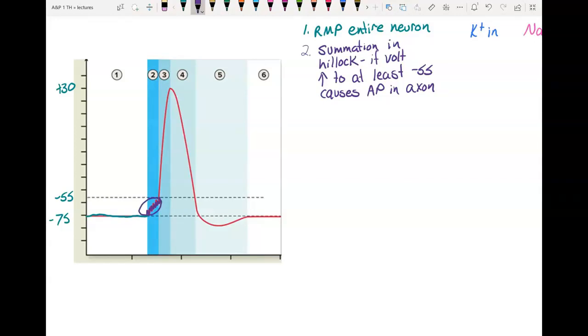Then step 3 is depolarization. So the voltage is going up. So this is when the sodium gates open.